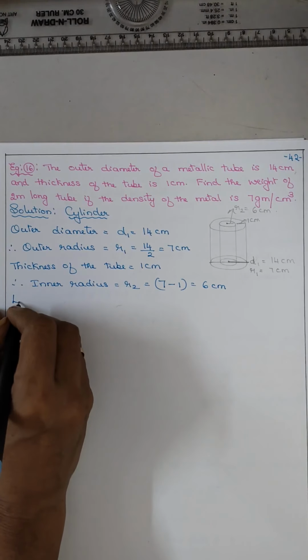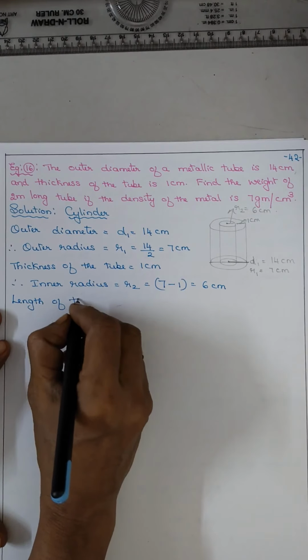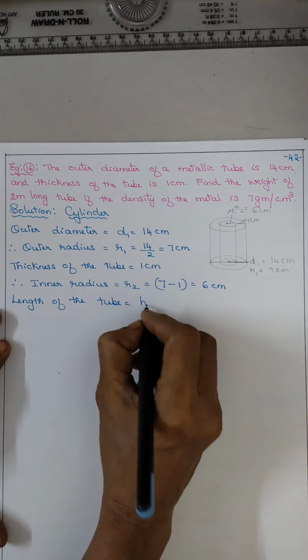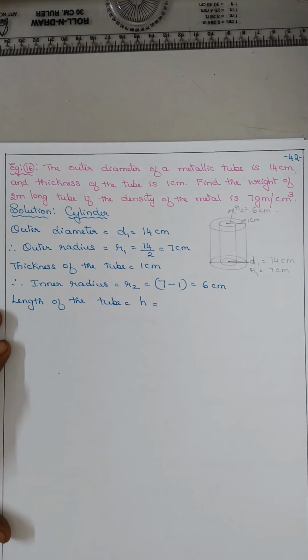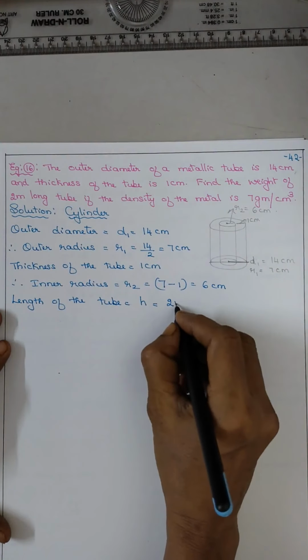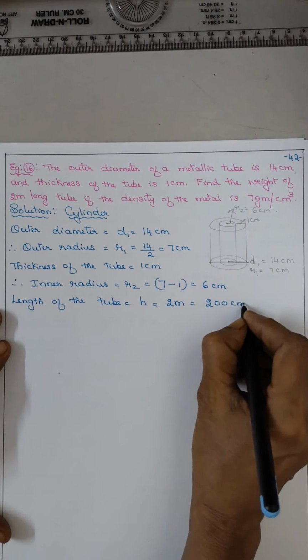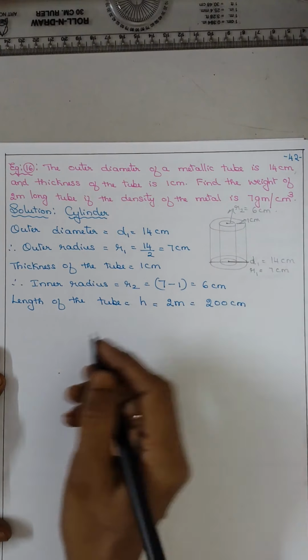Now length of the tube, that is the height of the cylinder, inner and outer, it is the same. It is 2 meter. So convert into centimeter, it will be 200 centimeter. Next they have given density.